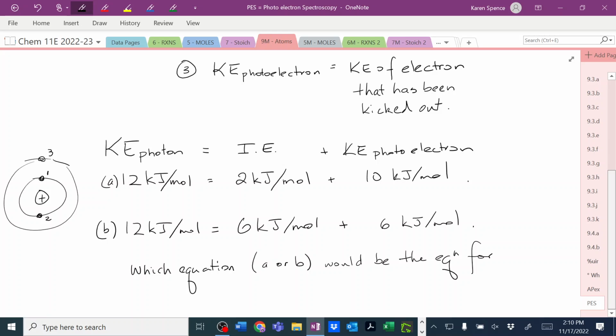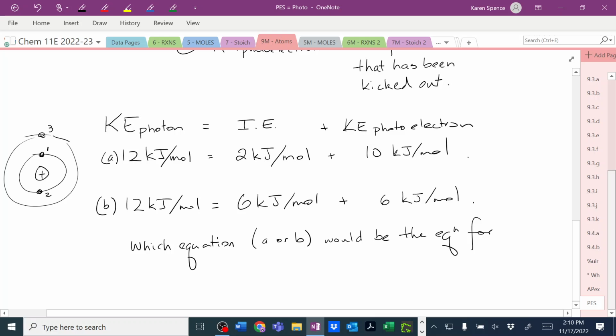Than an electron that's sitting in the atom, yes. Okay. Which equation for electron number 1? B, why?